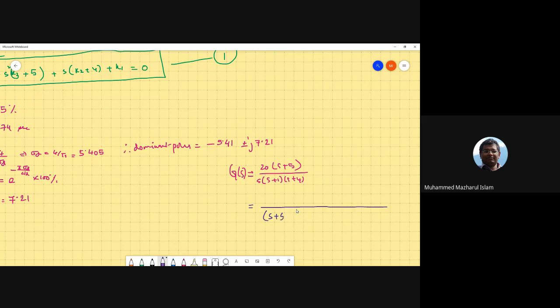G required is S plus 5.41 plus j 7.21, S plus 5.41 minus j 7.21, and the third pole, there will be some form of gain. I'm going to remove this gain just to keep our focus on the zero.